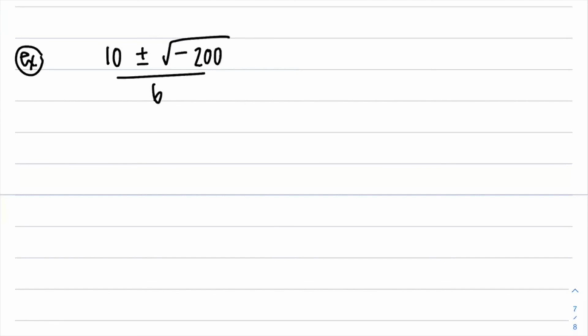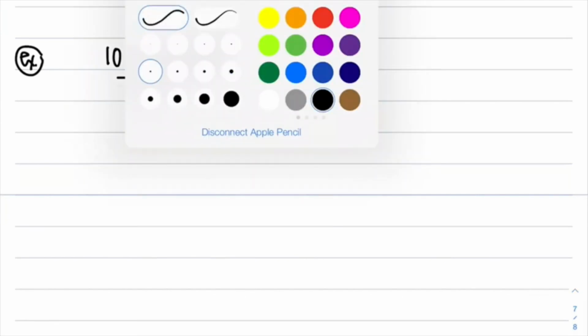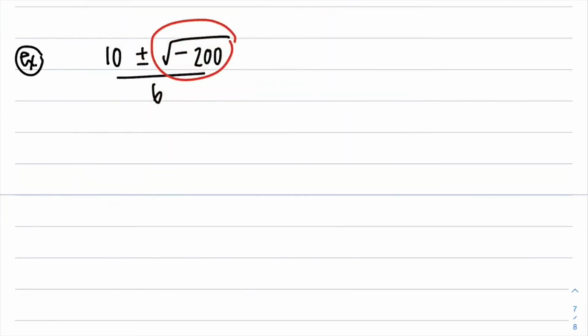One last thing though, I do want to point out to you guys, and that is if this happens. Let's say that you've already set up your quadratic formula. Let's say that you're left with 10 plus or minus the square root of, let's say, negative 200 all over 6. Like I said, remember the square root is just talking about this number here.